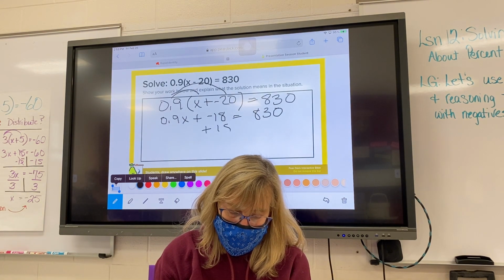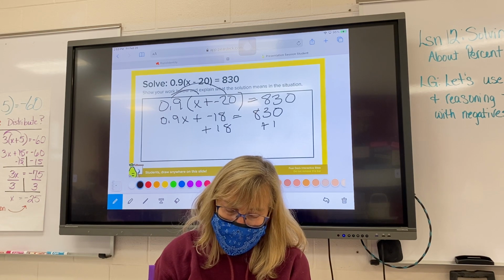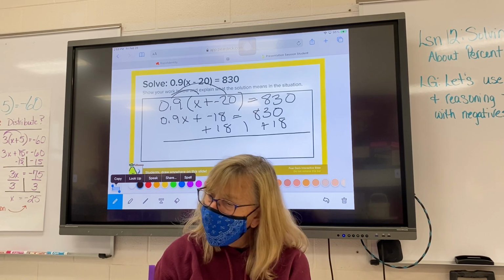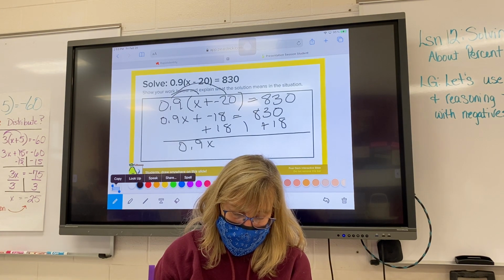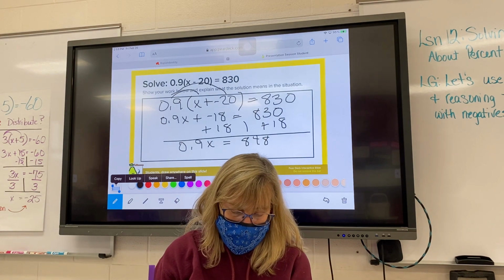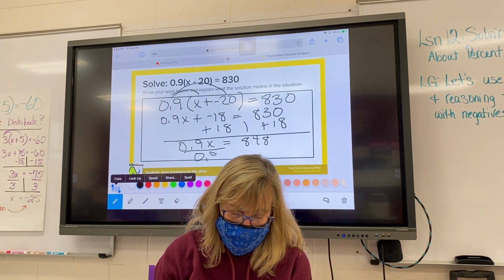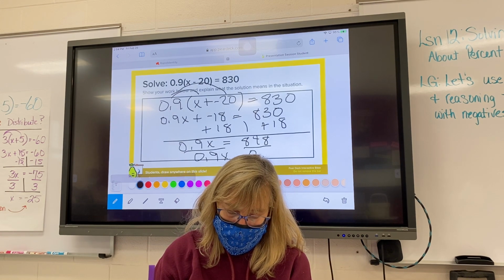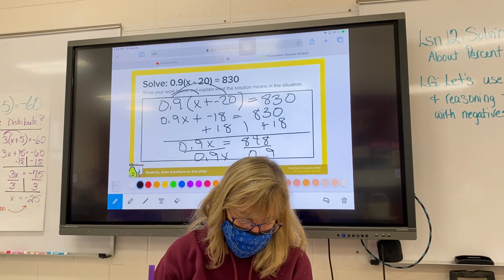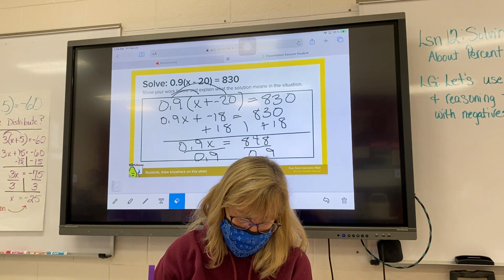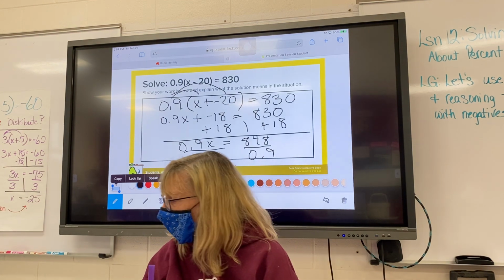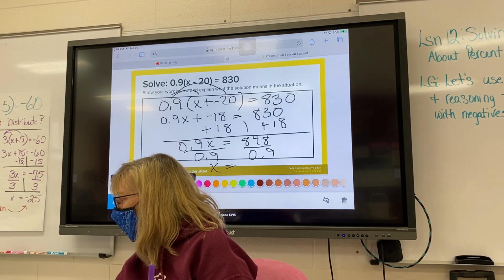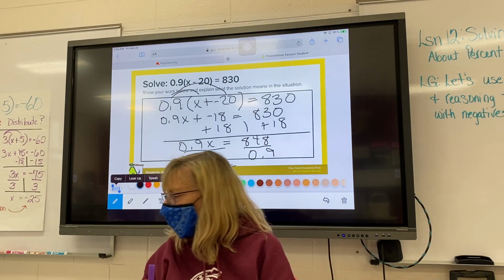Then I saw that some of you put plus 18. So it looks like you were trying to get the variable term isolated. And you got 848, and then you realized you needed one of these, so you divided both sides by 0.9, not x, just 0.9, and that gave you x equals 942.